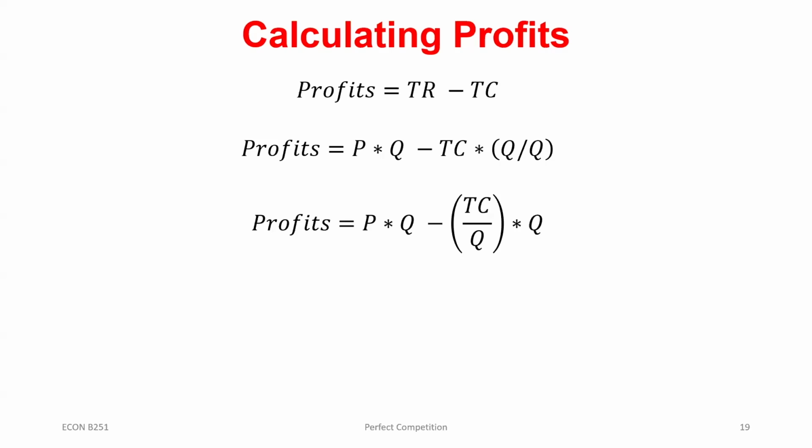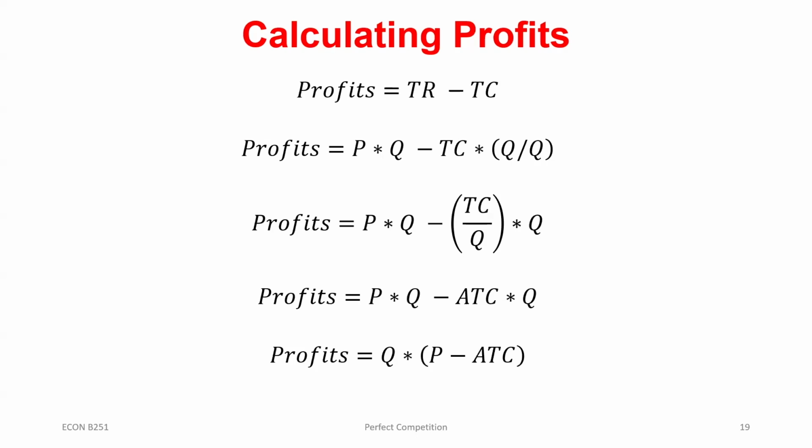It's my total cost divided by how much I'm producing. That would give me my average total cost. So I've got my average total cost in parentheses there. Well, if I'm multiplying both of these things by Q, what can I do? Redistribute, pull it out front. I now end up with a form of my profit equation, which is the number of units I'm selling times the difference between the price and my average total cost.